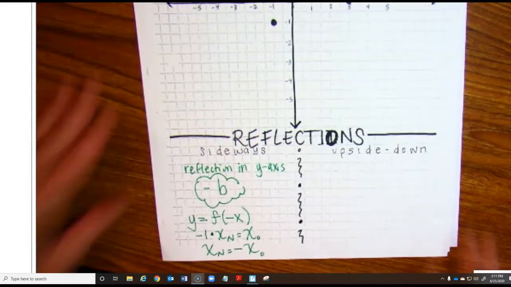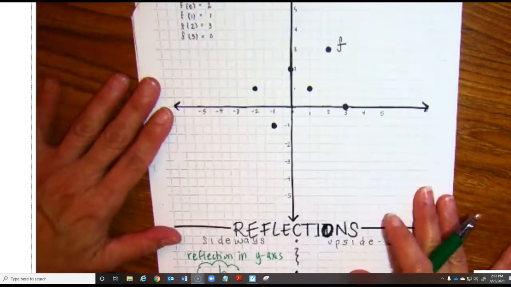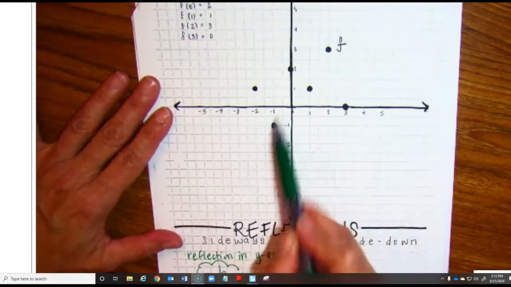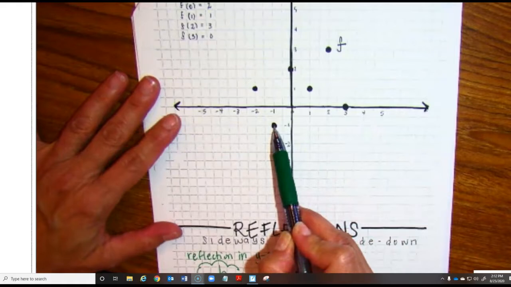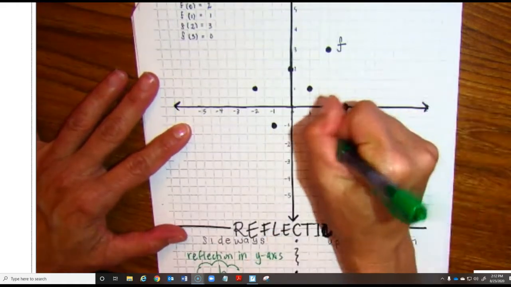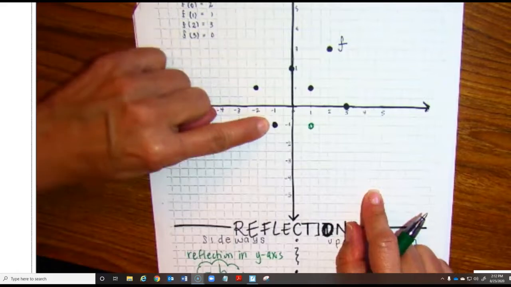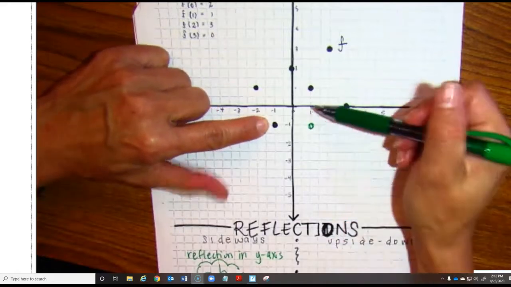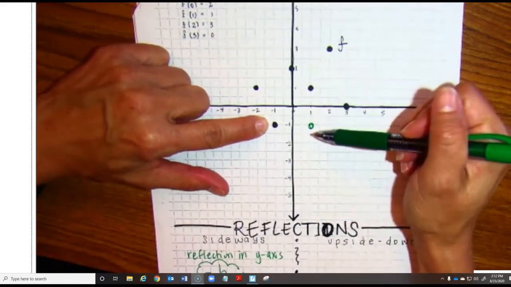In other words, when I go to my graph, whatever the sign is for the x coordinate, the sign is going to change and it's going to turn into the transformed coordinate. So this coordinate right here was negative 1, negative 1. The new coordinate is going to be positive 1, negative 1.